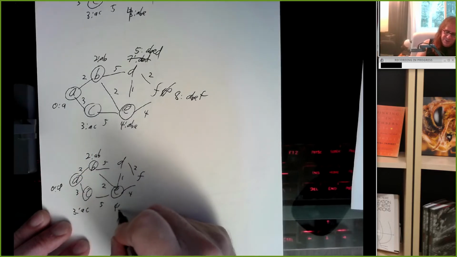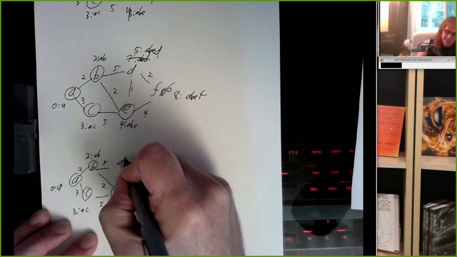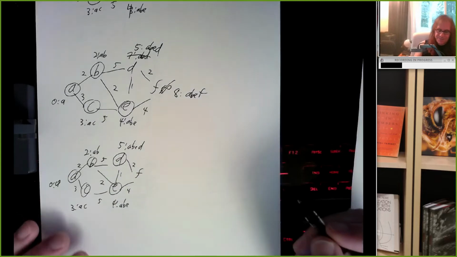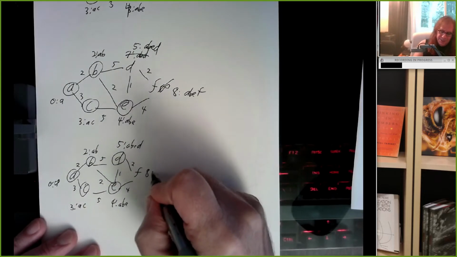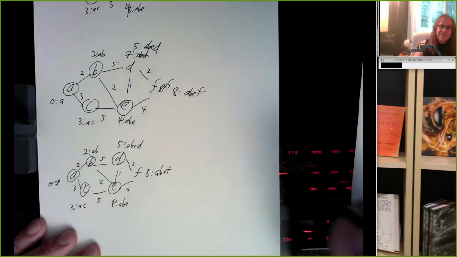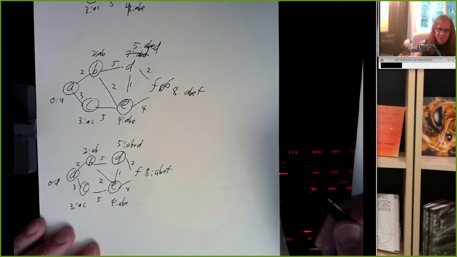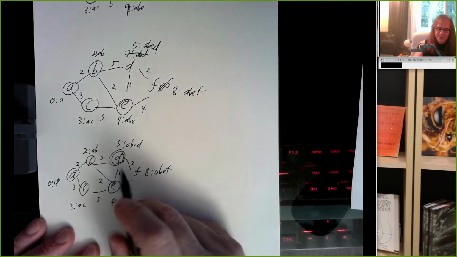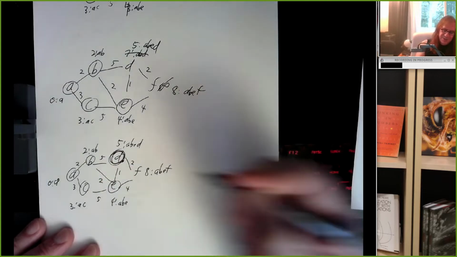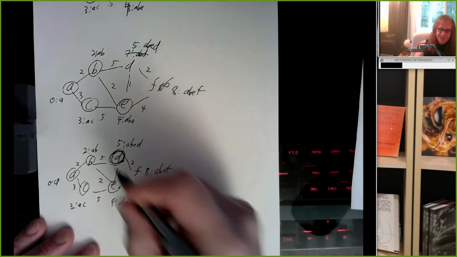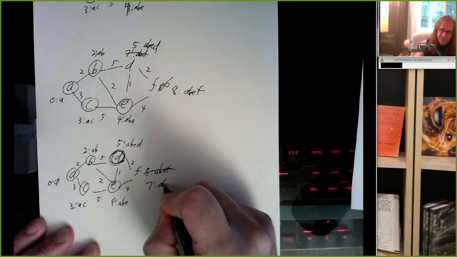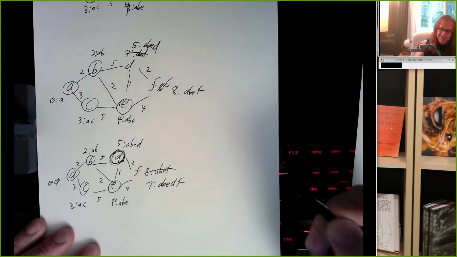Here's node E 4 with ABE. Here's node D 5, ABED. There's 8, ABEF. Visit the closest node that's uncircled. That'll be D. So we visit that. And then we relax the distances. 5 plus 2 is 7. That's better than 8. So this becomes 7. A, B, E, D, F.